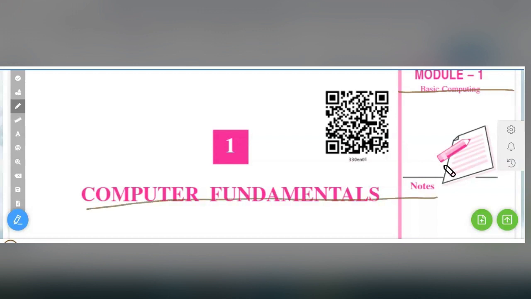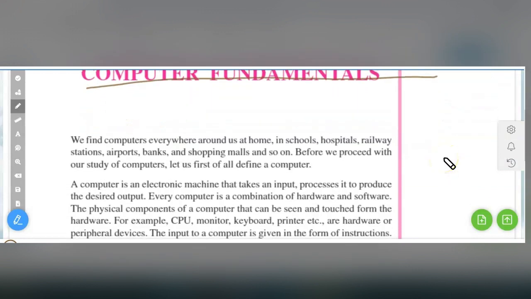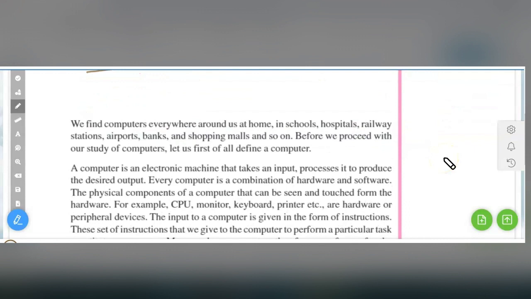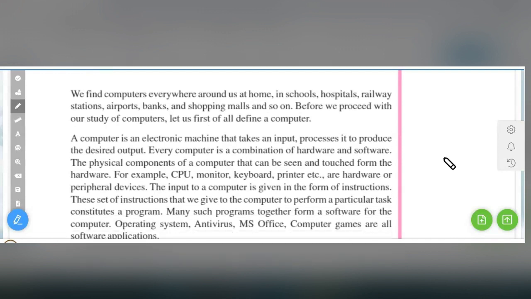computer fundamentals. If you read this portion you will get to know what is a computer. A computer is an electronic machine that takes an input, processes it to produce the desired output.